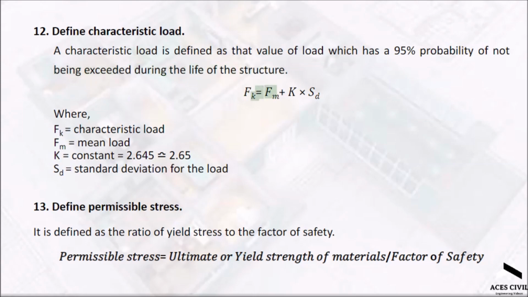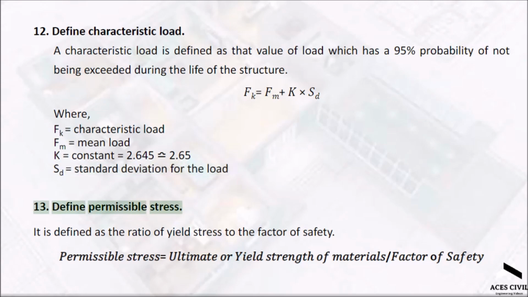F_K equals F_M plus K times S_D, where F_K equals characteristic load, F_M equals mean load, K equals constant equals 2.65, S_D equals standard deviation for the load.